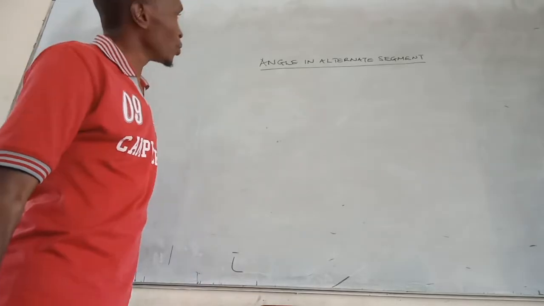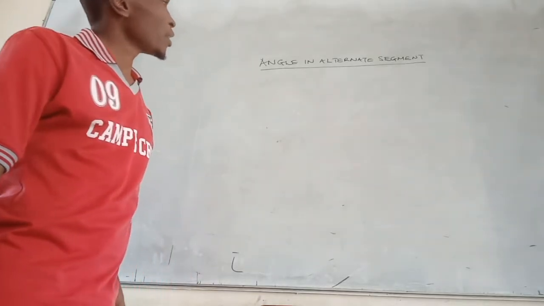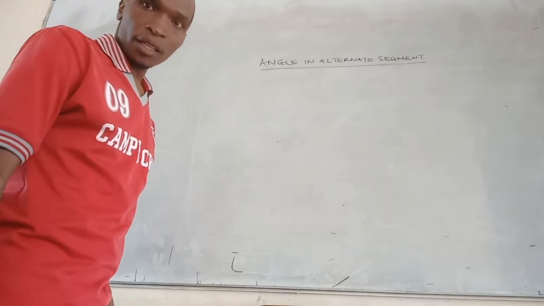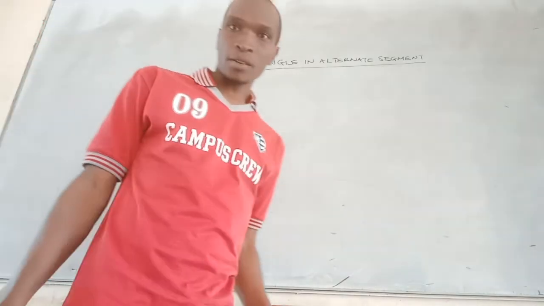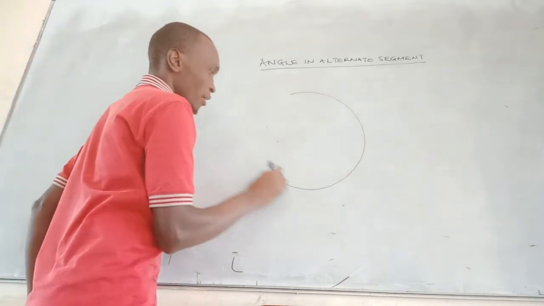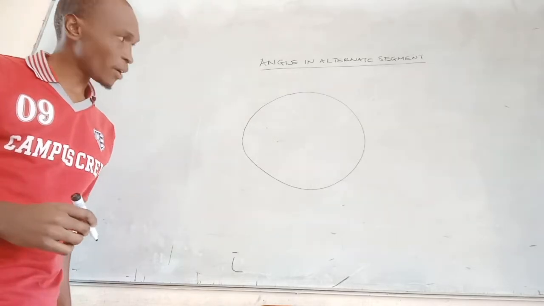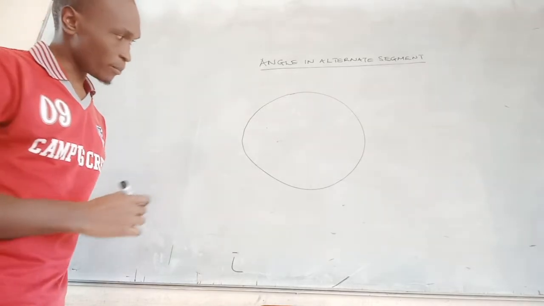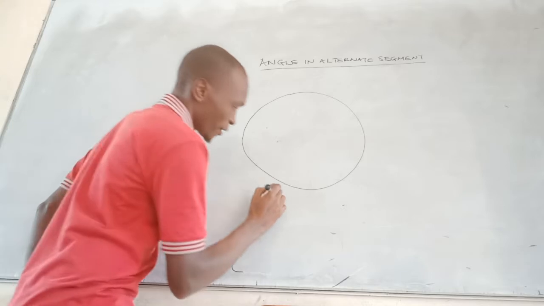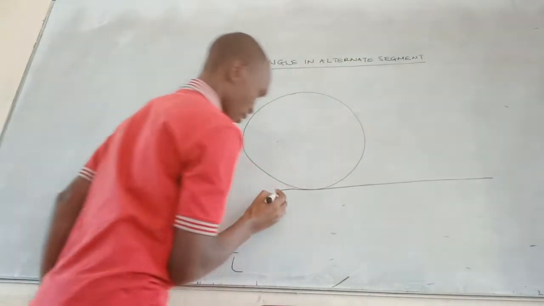Today I want us to look at the angle in the alternate segment, still under the topic circles, chords, and tangents. So if I draw a circle like the one you can see I've put on the board, and then I have a tangent.